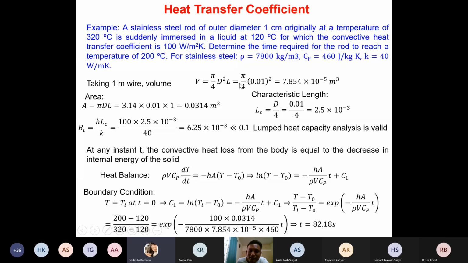And what applications do we have apart from this question? Where else can we use it?